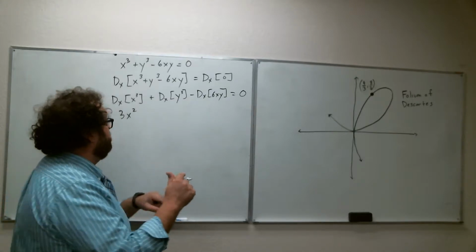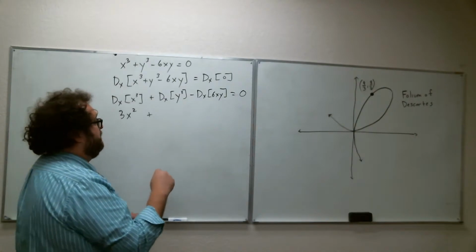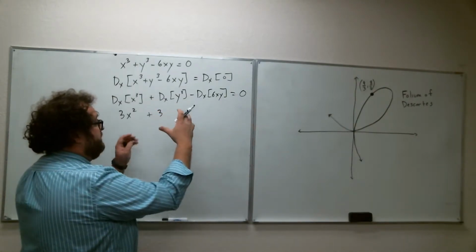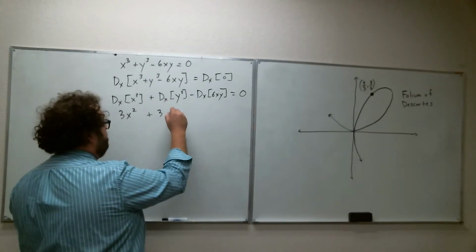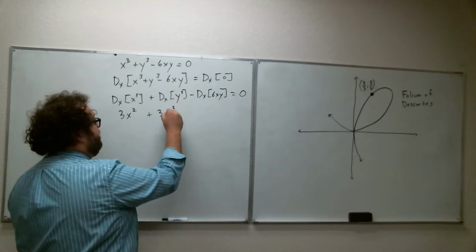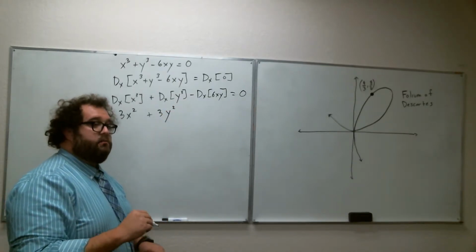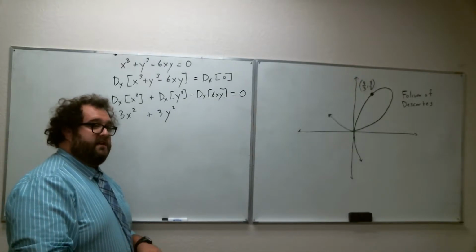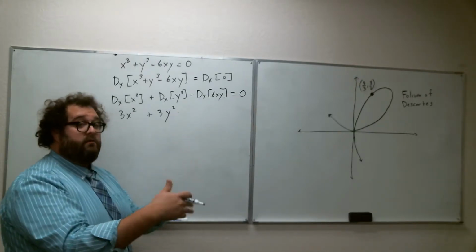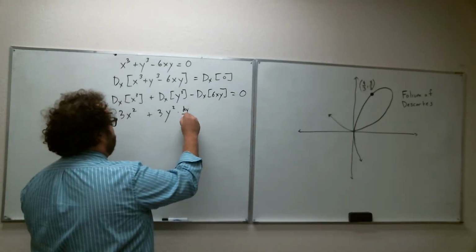The derivative of the outside function is 3 times something squared, evaluated at the inside function, which is y. Then you multiply by the derivative of the inside function, the derivative of y with respect to x, which is just dy/dx.